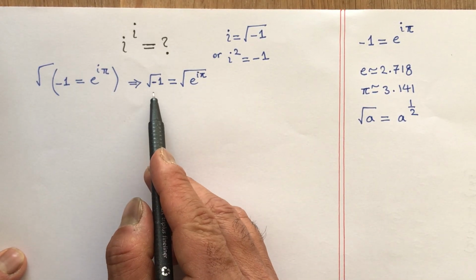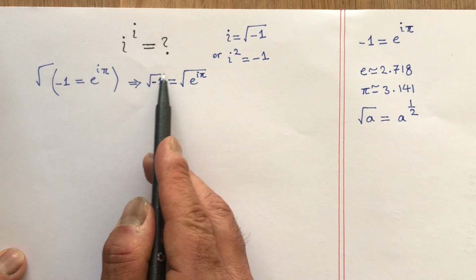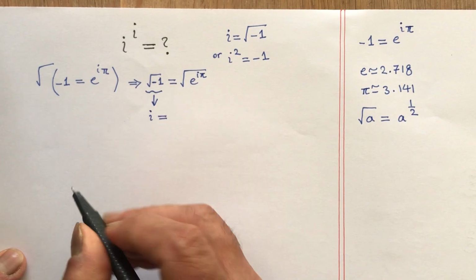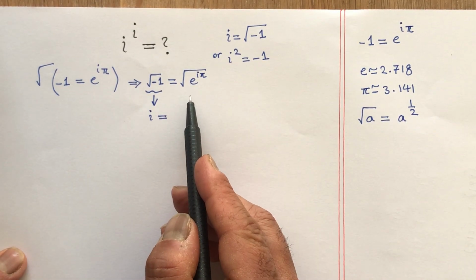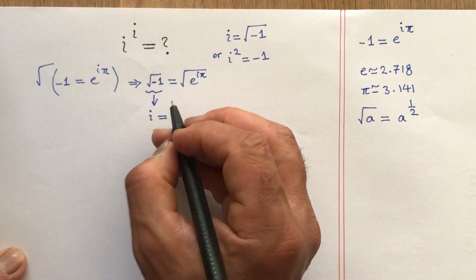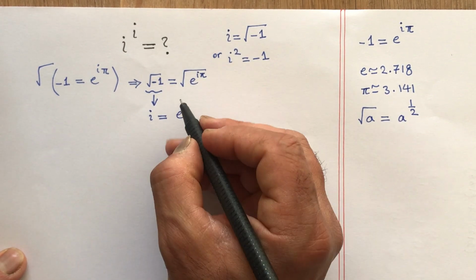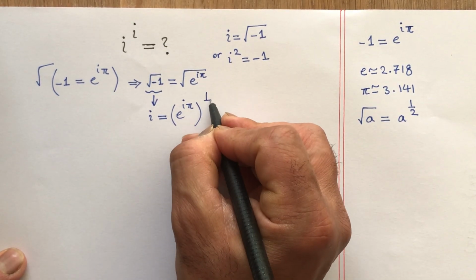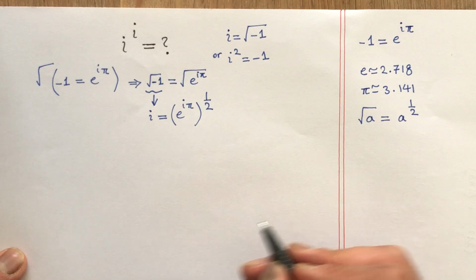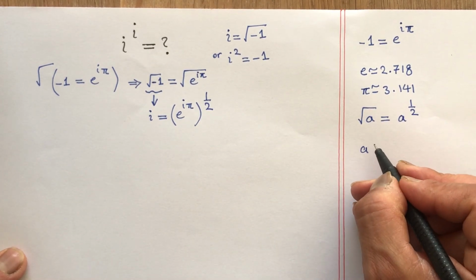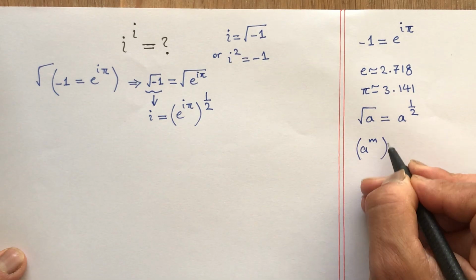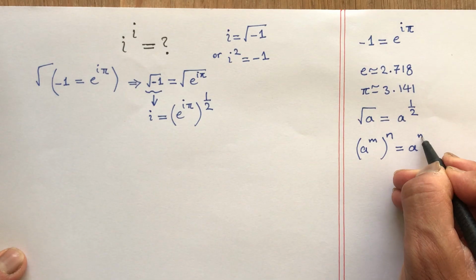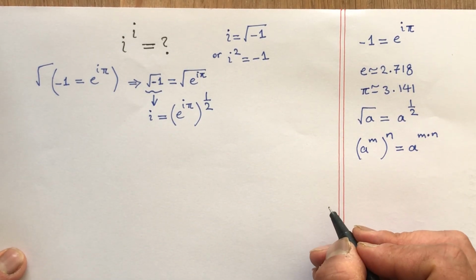From the definition of the imaginary number, the square root of -1 is i. And from the definition of the square root, instead of the radical form, e to the power of i pi gets raised to 1/2. If a to the power of m gets raised to another power n, it equals a to the power of m times n.